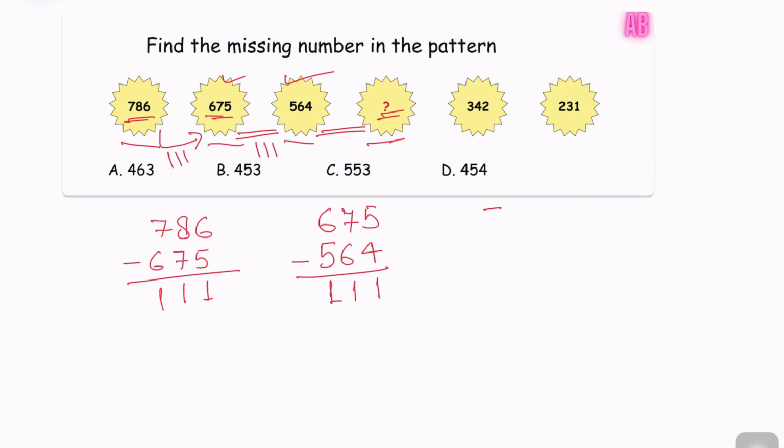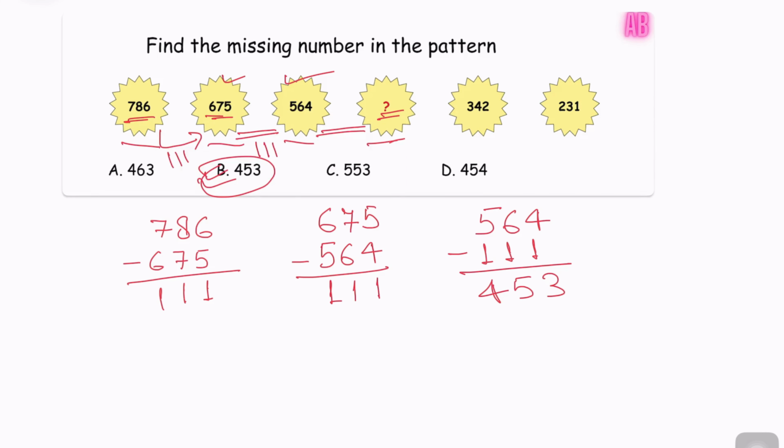Let's try. 564 minus 111. 4 minus 1 is 3, 6 minus 1 is 5, 5 minus 1 is 4. 453, this one. So I hope you understood what we are trying to achieve here. We are finding the difference between the first and the second number.